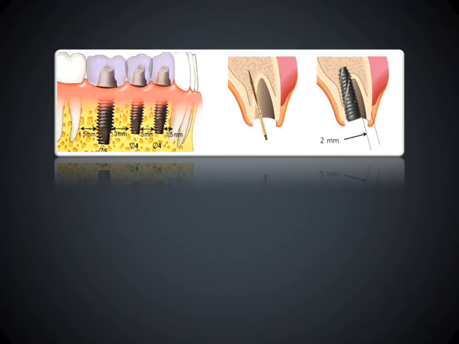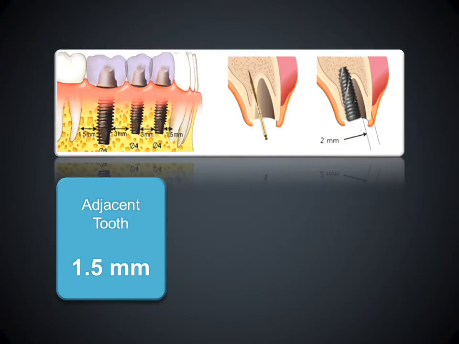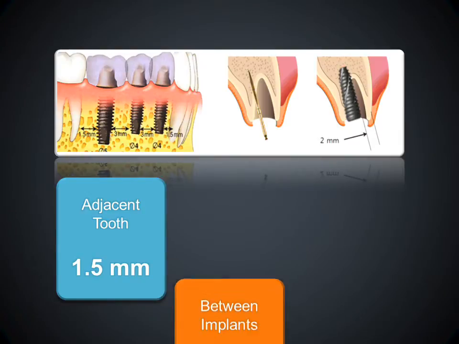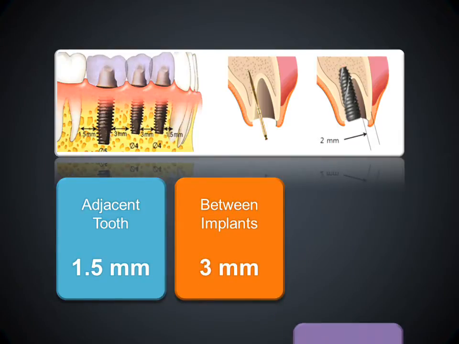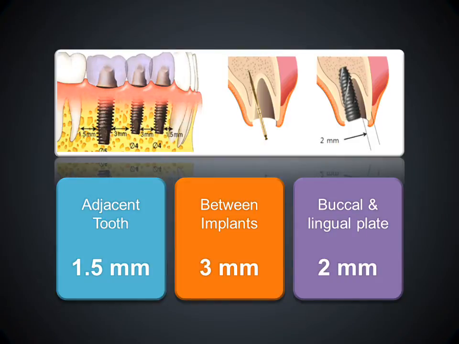The point drill is positioned in the site to maintain a minimum 1.5 mm gap between tooth and implant, a 3.0 mm gap between implant and adjacent implant in mesiodistal orientation, and a 2.0 mm gap between implant and buccal-palatal wall in buccolingual orientation.